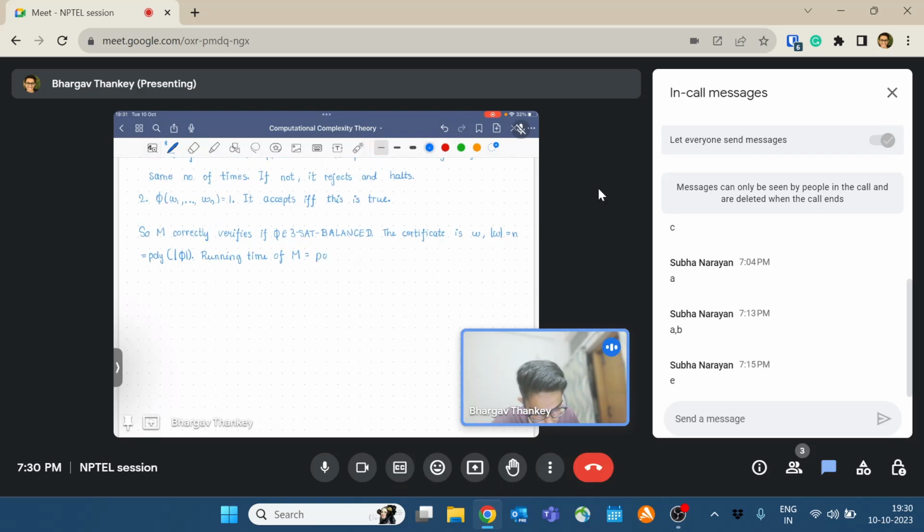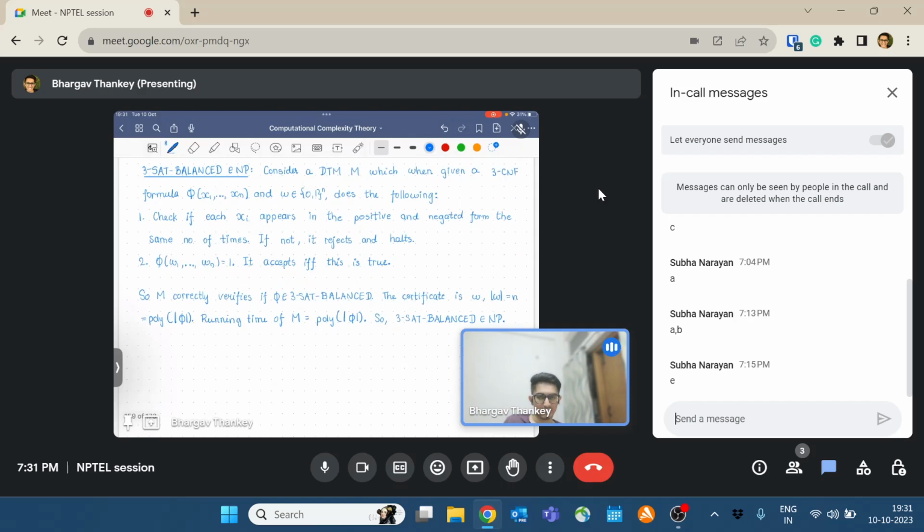So the running time is polynomial. So we have a poly-size certificate and a polytime verifier that verifies the correctness.